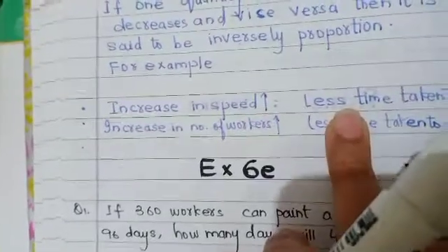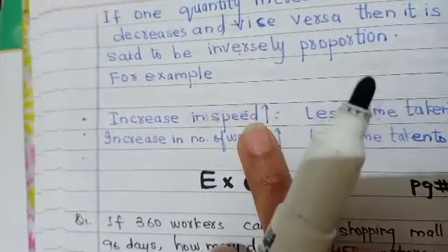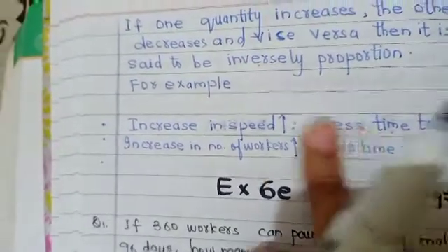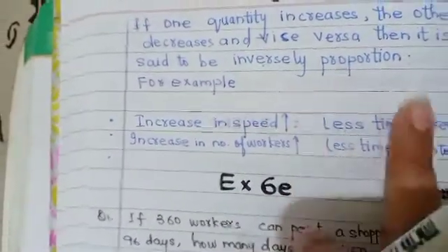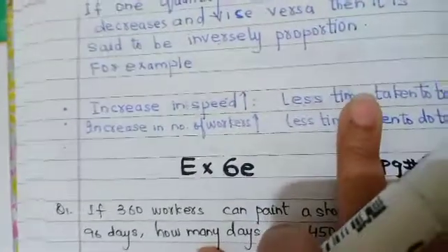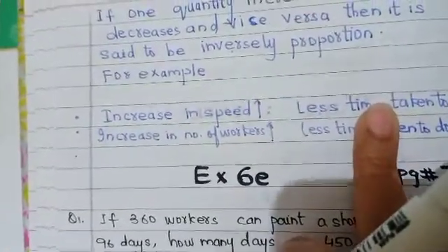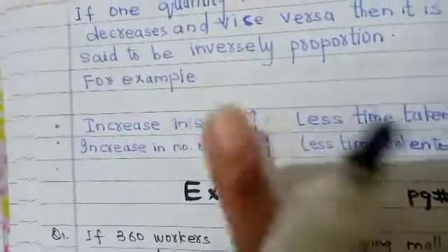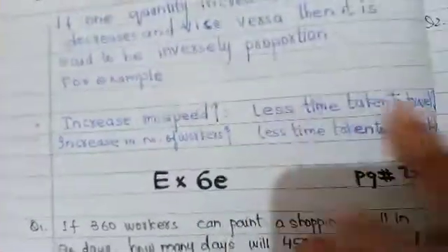With 60 meters per hour I was taking 2 hours, and as I increase my speed, the time to reach my destination reduces. This is called inverse proportion. When one increases, the other decreases.